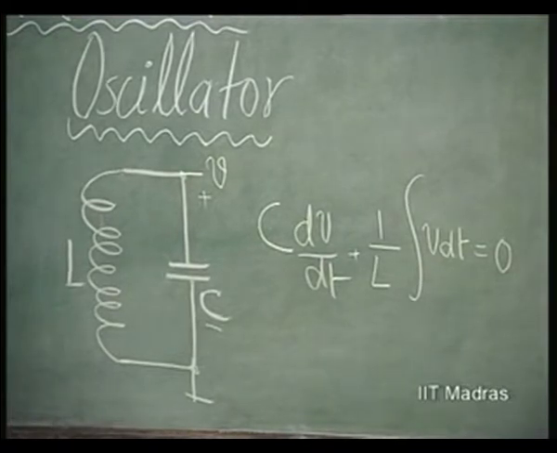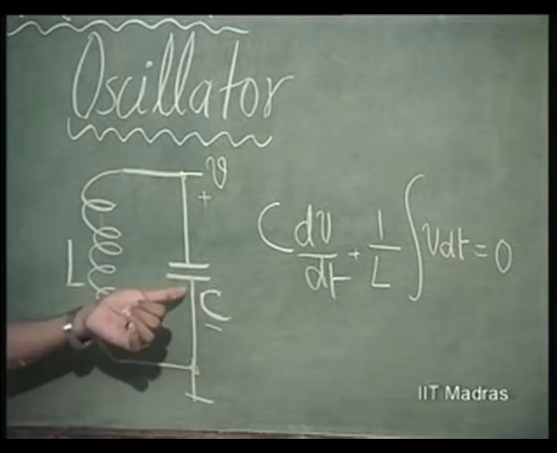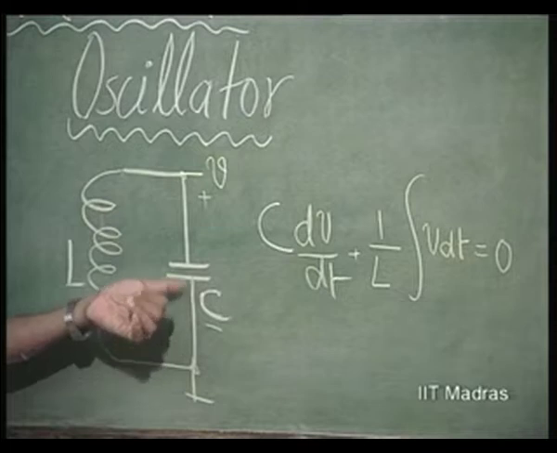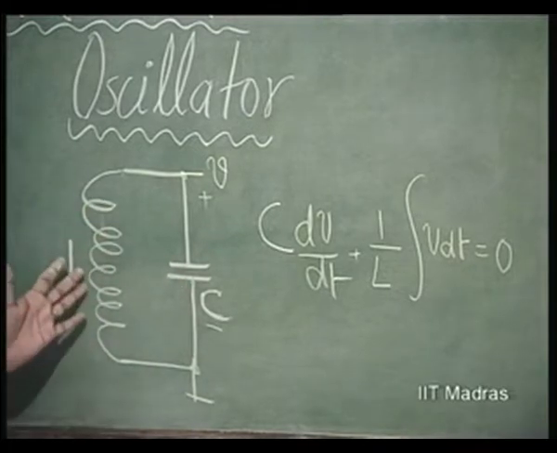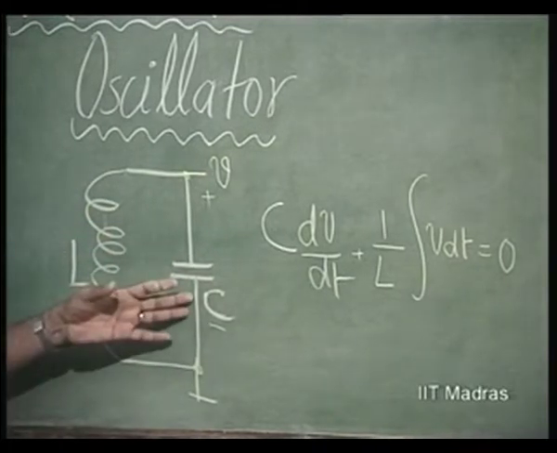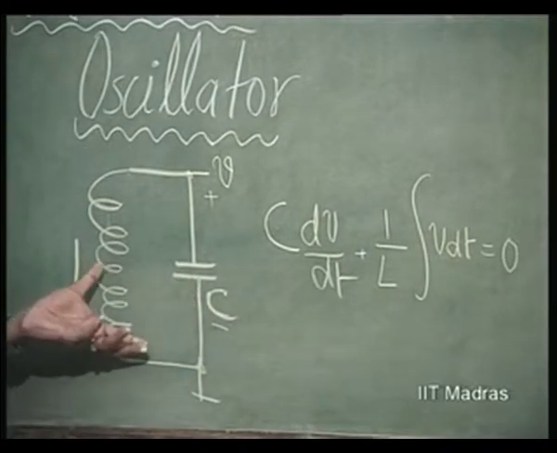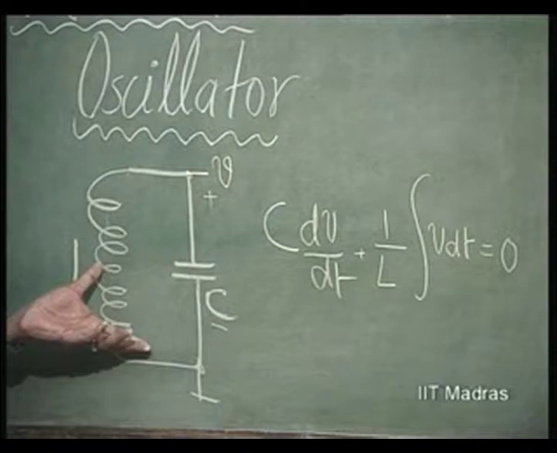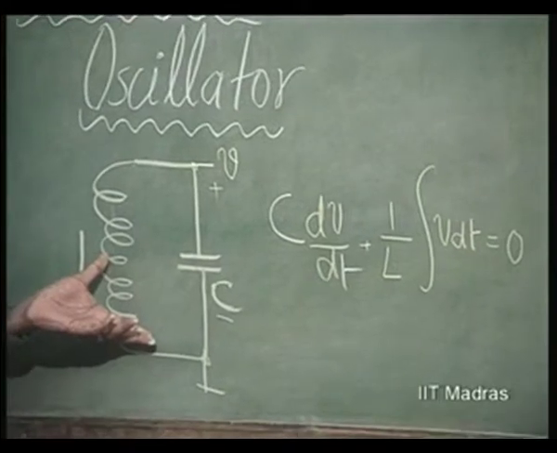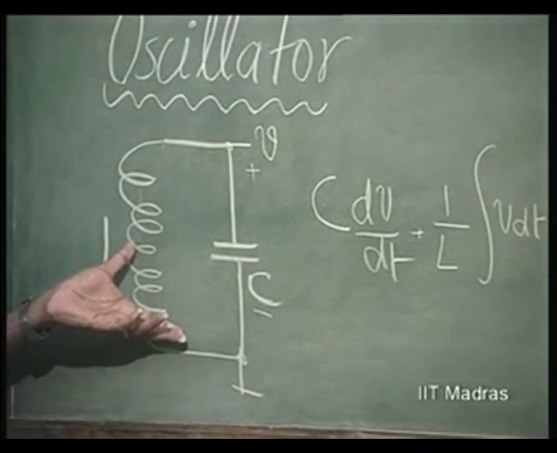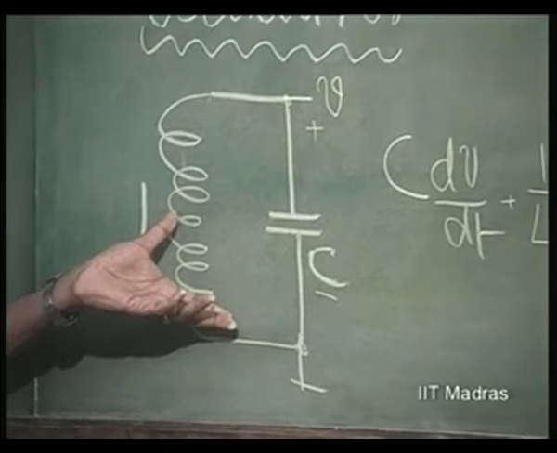Here, using L and C, it has been taught to you that this is nothing but a tank circuit. If ideal L and ideal capacitor are connected like this, and you pump in a certain amount of energy, that energy is retained in the form of oscillation, and that oscillation frequency is 1 over 2 pi root LC, as all of you know.